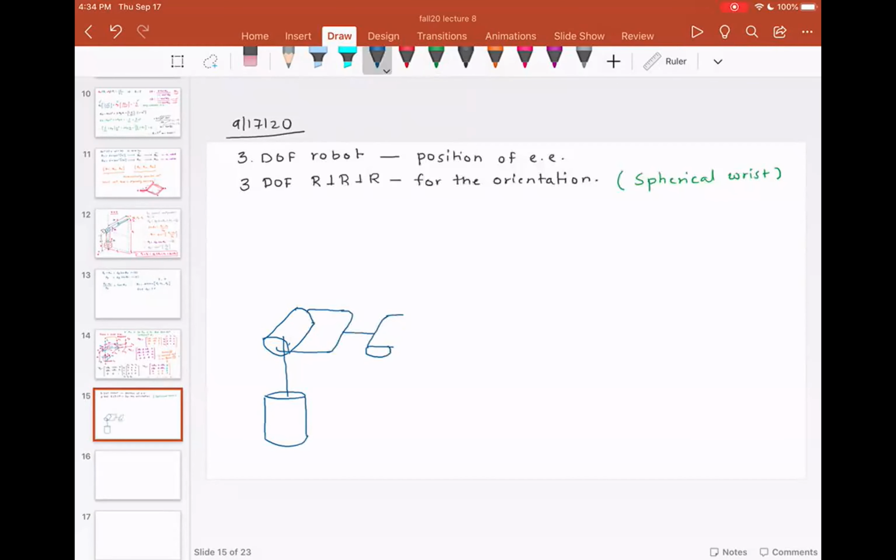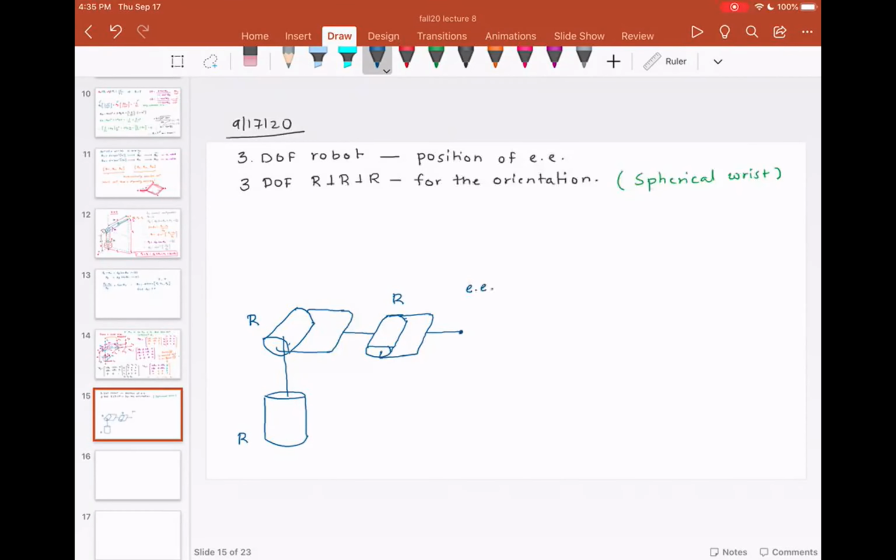Now this robot arm is actually an R robot arm. So you have this first R, second R, and the third R. So this is an R robot arm. And this, I'm going to call the end effector.